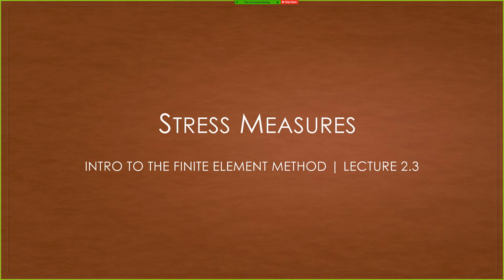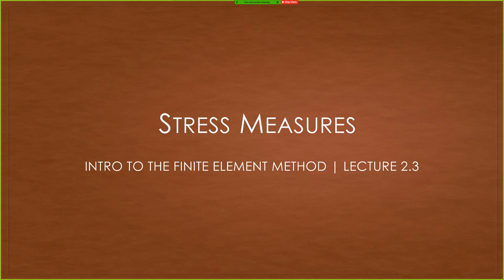I want to show you what the lectures are supposed to be like rather than just a snooze fest through the theory. So we're going to talk about stress measures right now and get into constitutive laws. Then after that, we're going to discuss the actual assignment and Euler-Bernoulli beams in general. So hopefully we can make it nice and easy. The hard part's over. Let's keep it to the good part now.